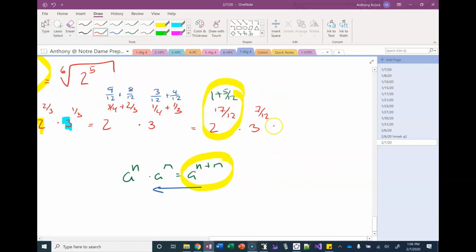So if I apply that, the a is 2, the n is 1, and the m is 5/12. And then that 3 to the 7/12 still comes along for the ride. Everybody okay there?